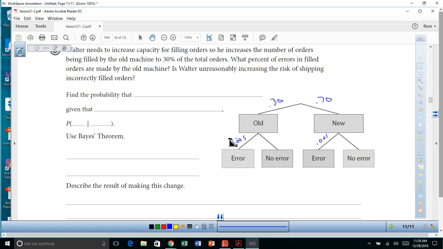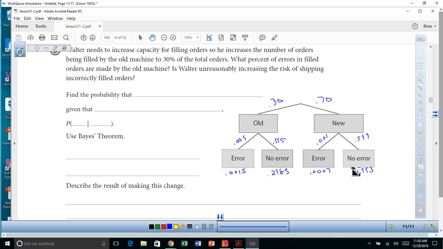Okay, so if this is 0.005, that means this is going to be 0.995, and that's going to be 0.999, right? 0.3 times 0.005 is going to be 0.0015. 0.3 times 0.995 is going to be 0.2985. 0.7 times 0.001 will be 0.0007. 0.7 times 0.999 is going to be 0.6993.